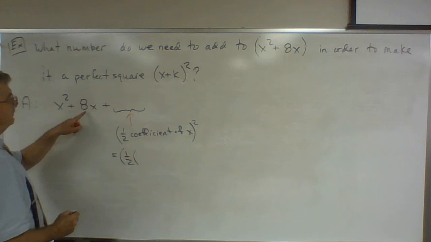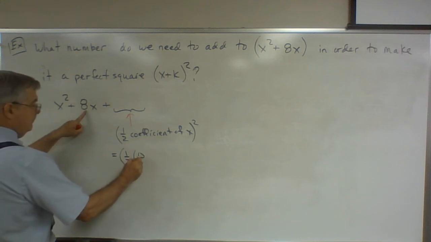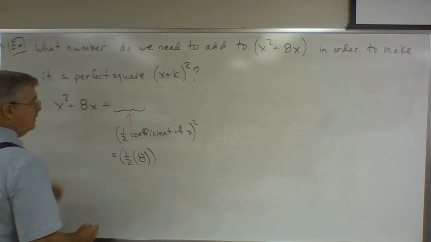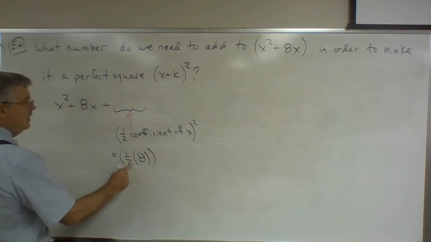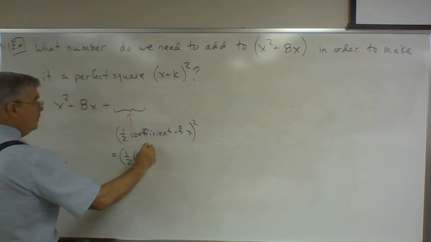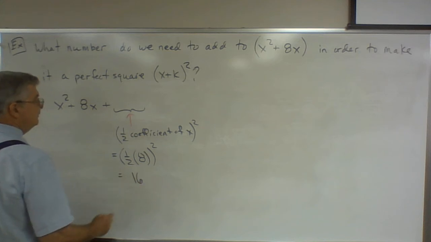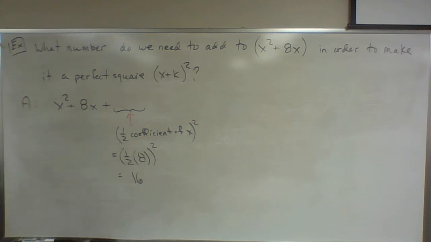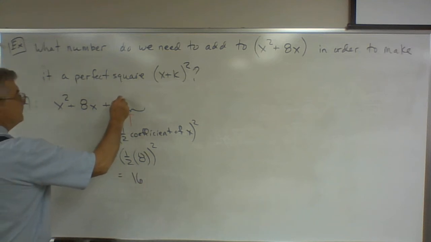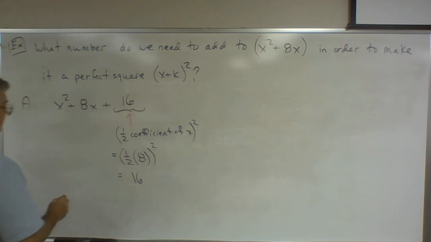So what's the coefficient of x? It's 8. 1/2 the coefficient of x, 1/2 of 8, quantity squared. So that's 4 squared, or 16. Now let's check.